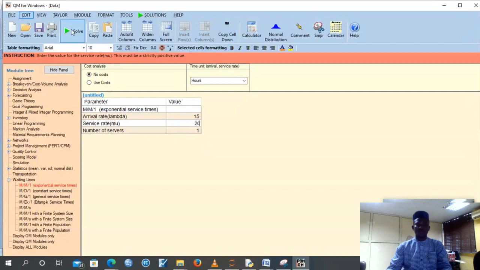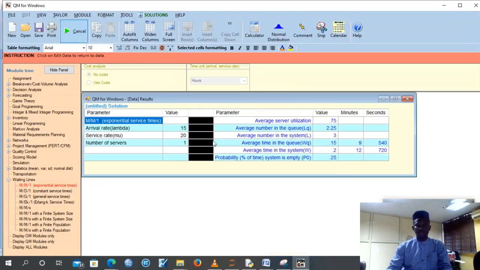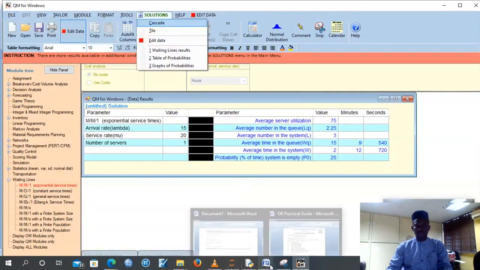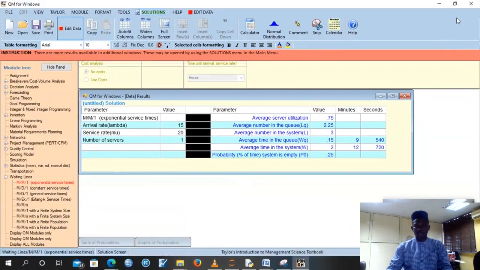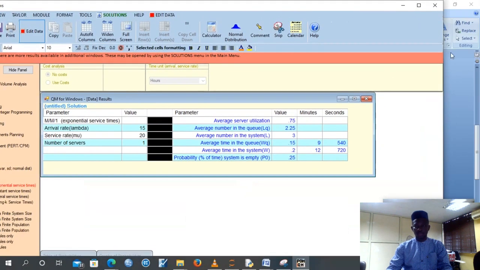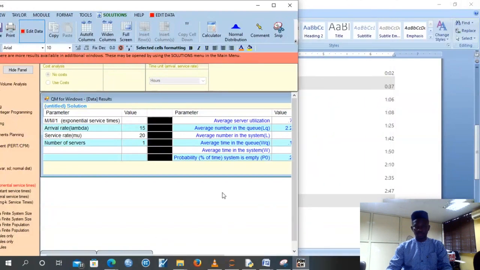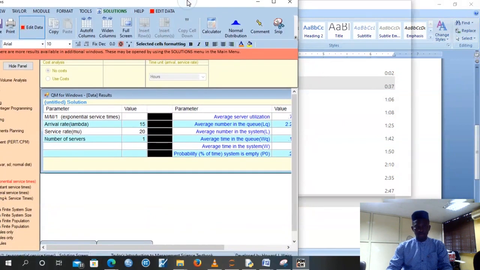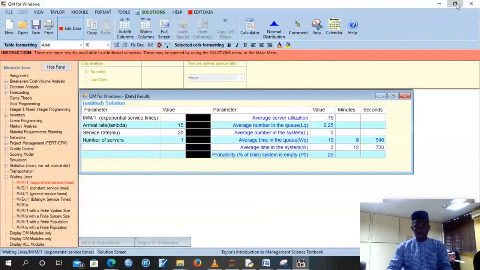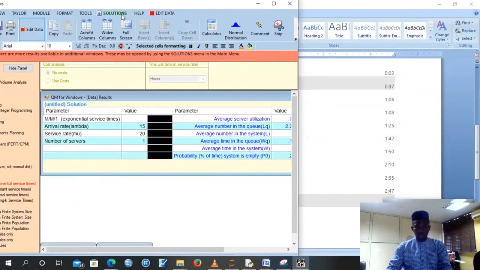After this, we click solve. As simple as that. Now let's see the question we are trying to solve. There are different solutions, so you may need to click some of the other solutions.